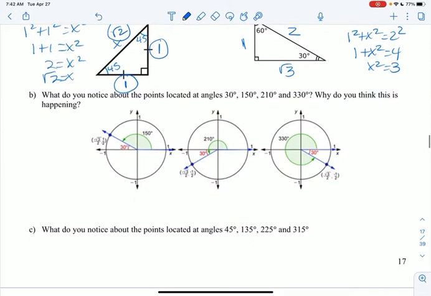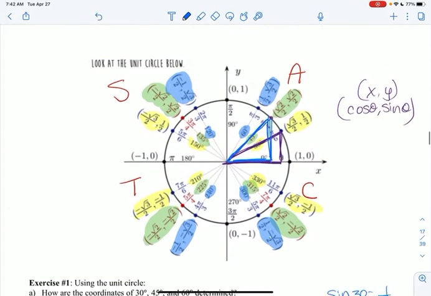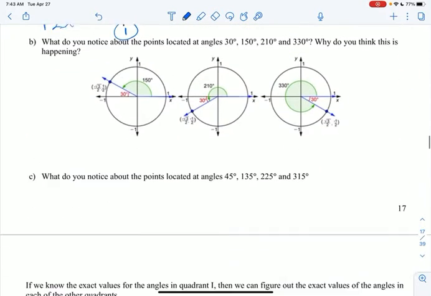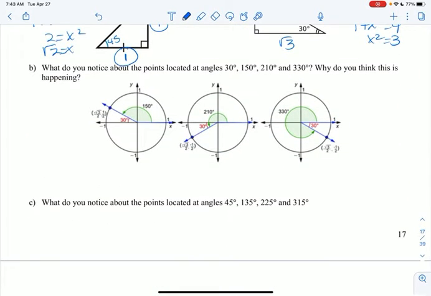Okay? This right here is pointing out, what do you notice about the points located at 30 degrees, 150, 210, and 330? Why do you think this is happening? Well, if we look up above, I had all of those highlighted in yellow. They were all some combination of radical 3 over 2 and 1/2. So the 30 degrees was radical 3 over 2, 1/2.